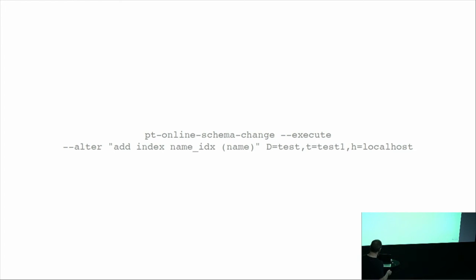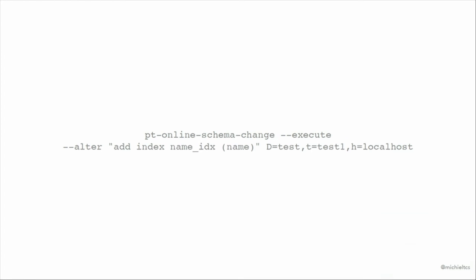We say we want to execute this alter statement on the target table test1, on the database test, on localhost, and this will then run. At the end you will still have test1, but it will have this statement applied to it, the shadow copy has been effectively renamed to this one, and the source has been deleted.